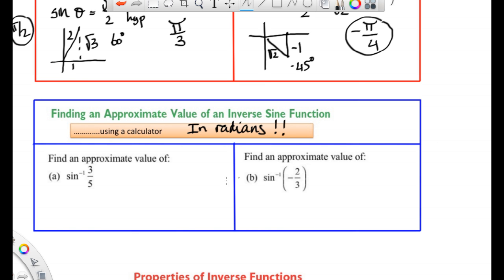This one said 0.64 if I rounded it, and again that's in radians. And this one would give you a negative 0.73, again in radians. You don't have to say it, but if it's a number without pi, we often include radians.